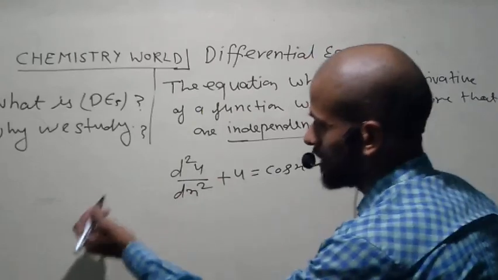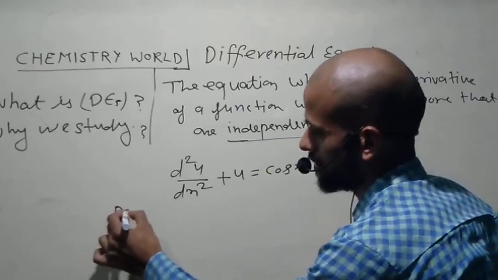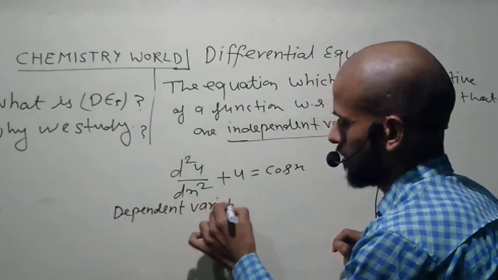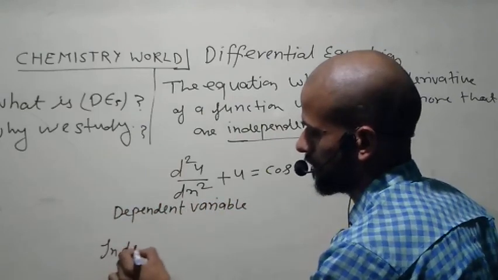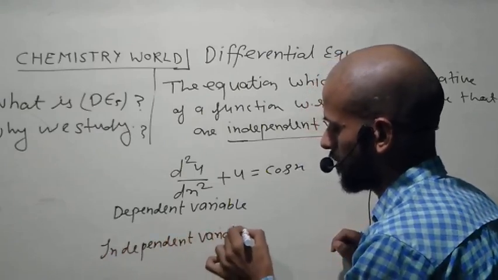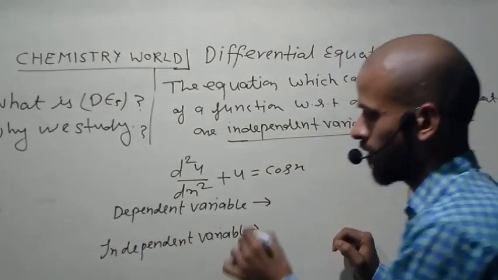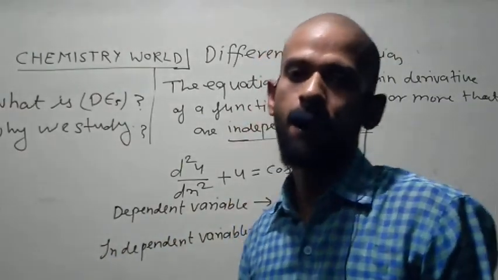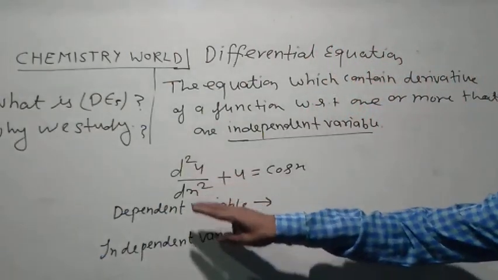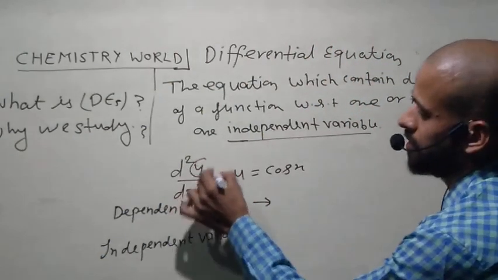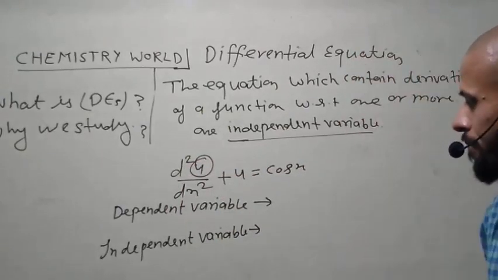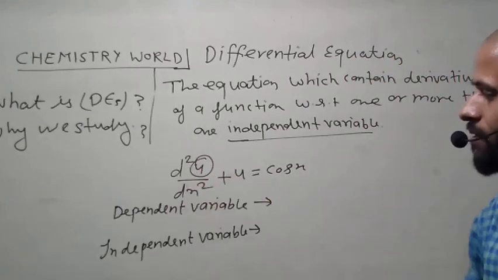So variables are of two types: the dependent variable and the independent variable. The dependent variable means the function, the solution of the equation. In this equation, the solution is in the form of u.